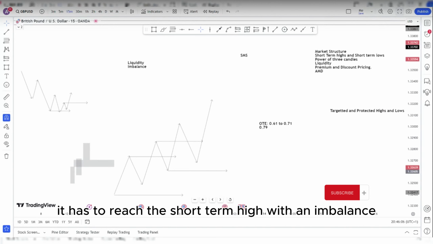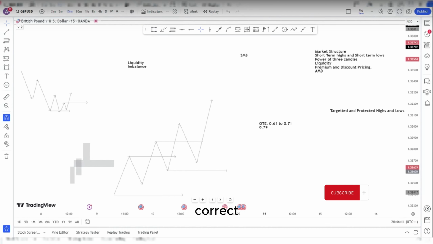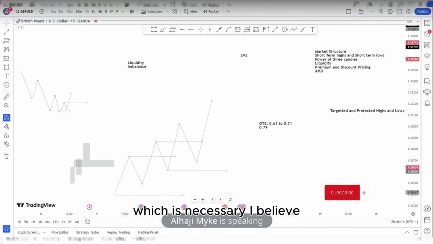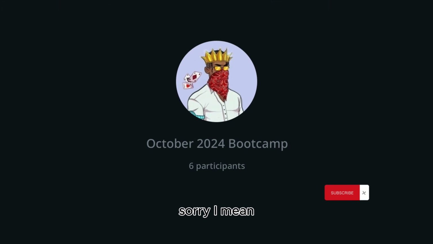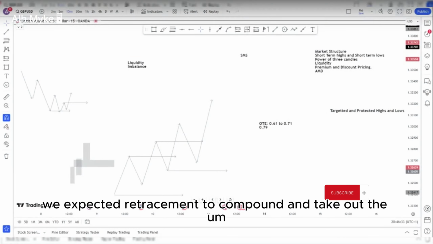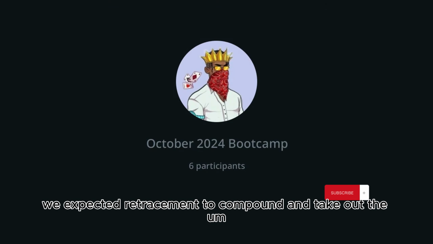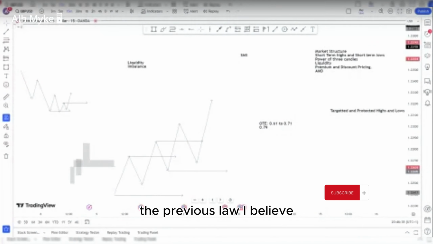Then it has to breach the short-term high with an imbalance, correct? Correct, which is necessary. Yes, imbalance is very necessary. You must have an imbalance. And after the imbalance, we expect a retracement to come back and take out the previous low, I believe.